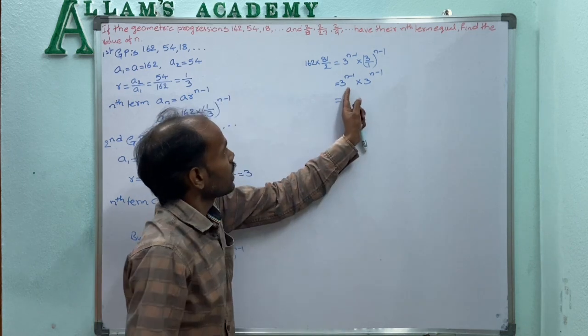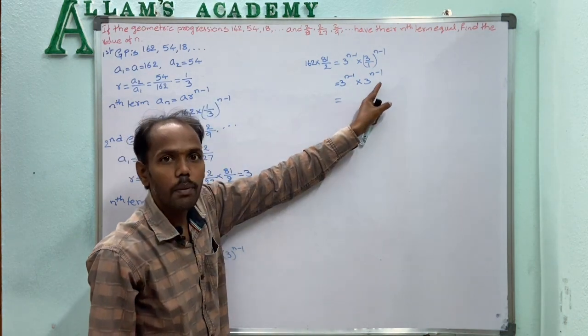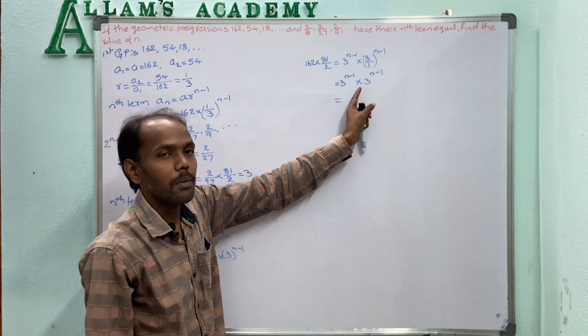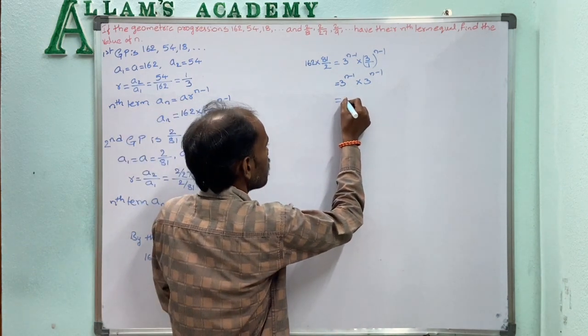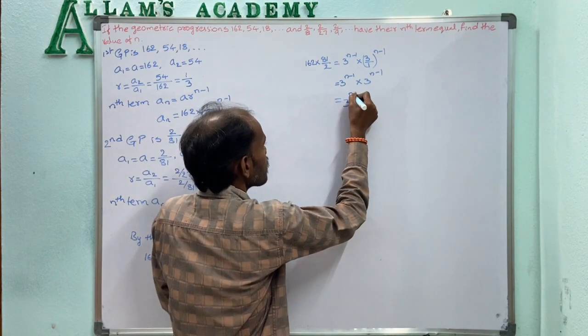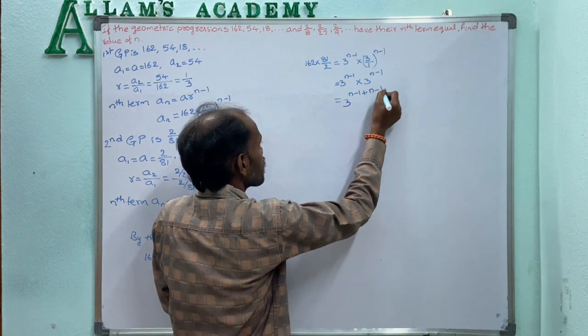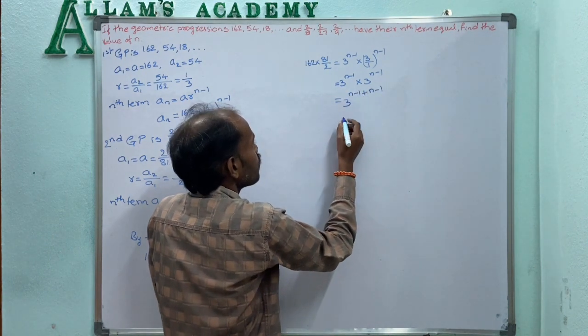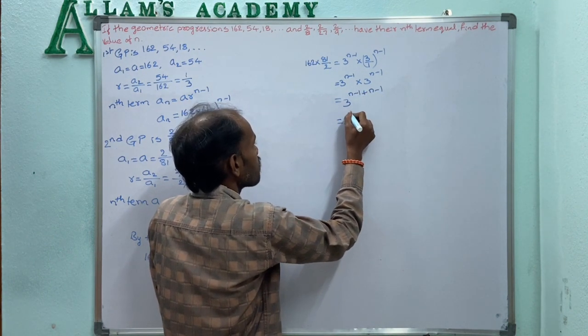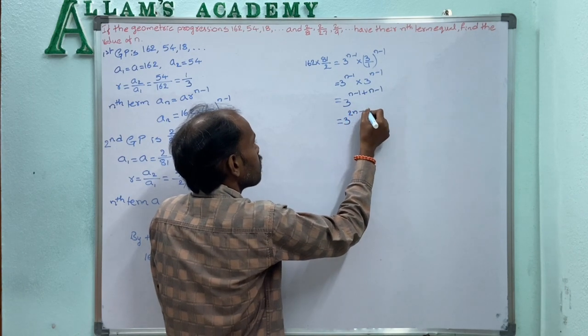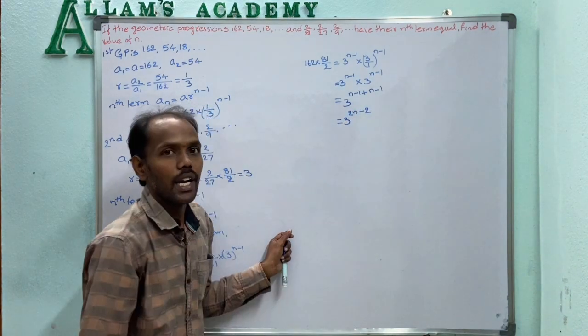Now a power m into a power n is a power m plus n, that means 3 power n minus 1 plus n minus 1. So n plus n is 2n, and minus 1 minus 1 is minus 2. So 3 power 2n minus 2.